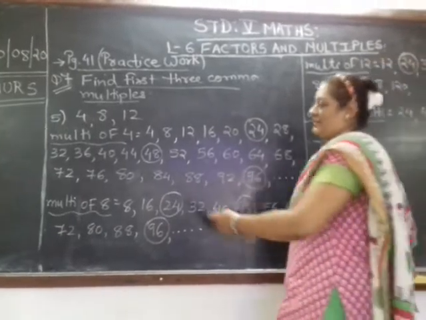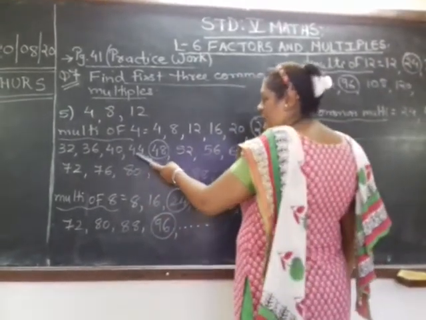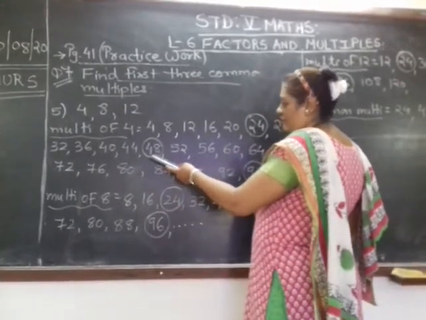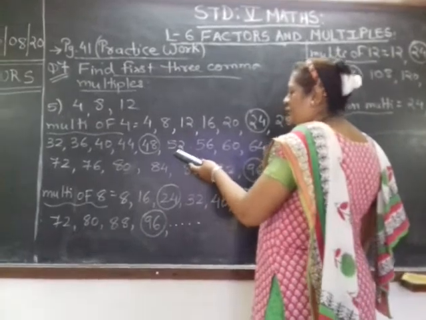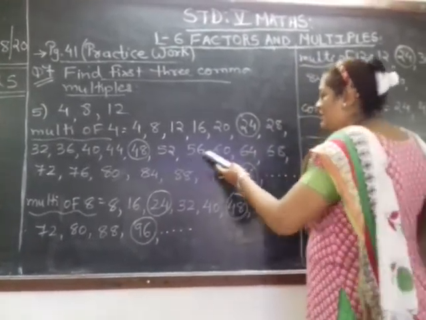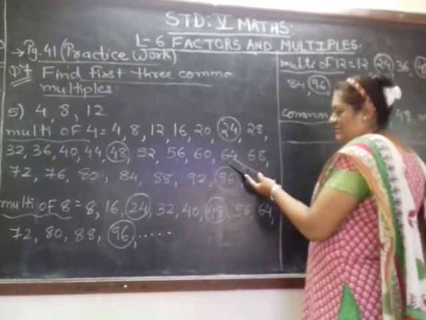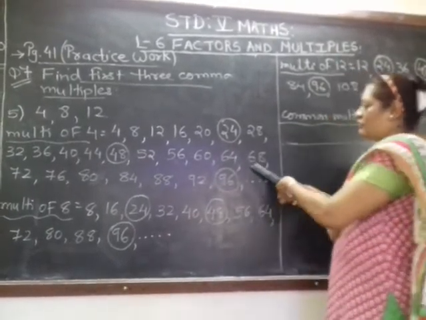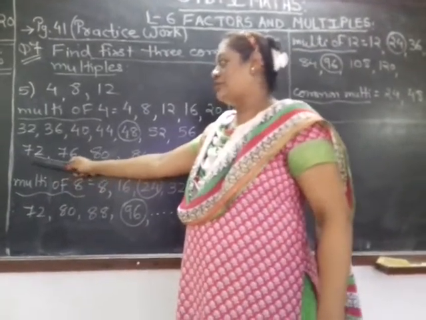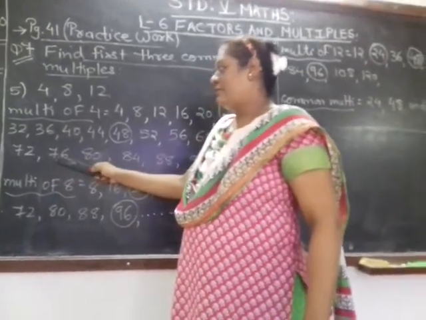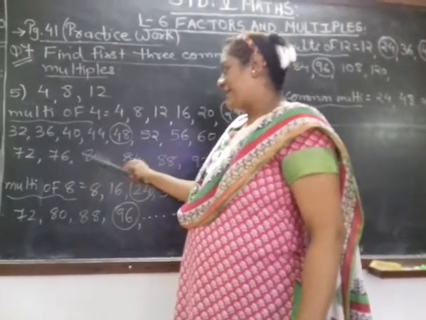So I have to extend my table from 4 tens are 40 to 11 fours are 44, 12 fours are 48, 13 fours are 52, 14 fours are 56, 15 fours are 60, 16 fours are 64, then 17 fours are 68, then 18 fours are 72, 19 fours are 76, 20 fours are 80.